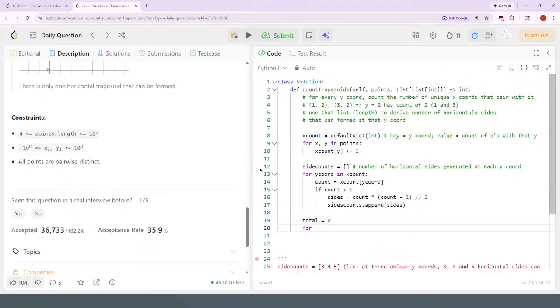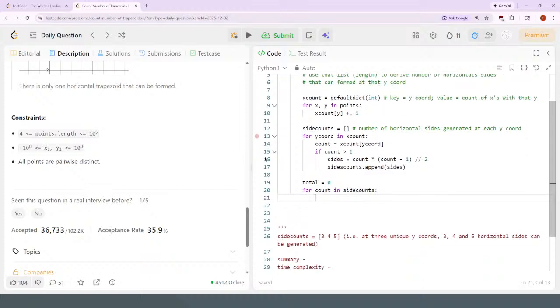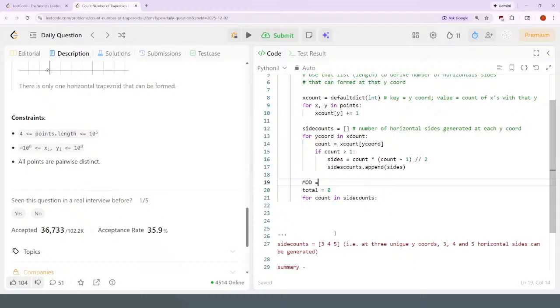So for every count in side counts, that is going to multiply with any of the preceding values, the preceding total, in order to generate the trapezoid. I do need to use mod here.